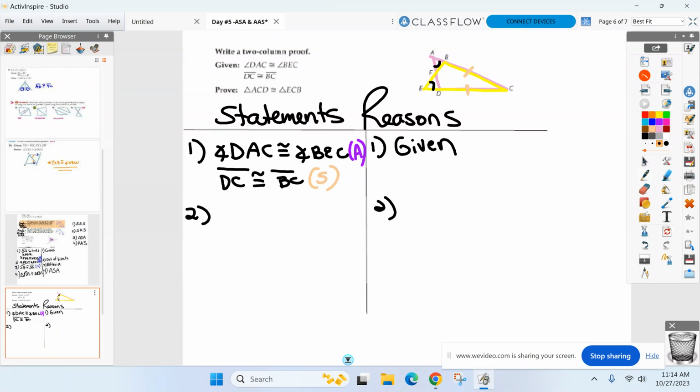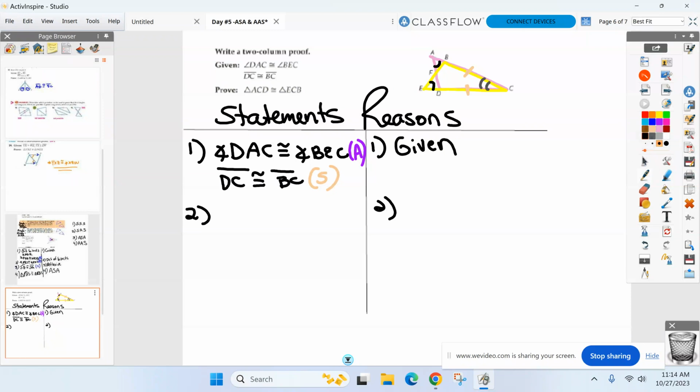Some of you might be on the fence because you don't know if you can do this for an angle, but you can. Angle C. Does everyone see angle C? See how it's in both triangles? We've only used reflexive for sides, for triangles that share a side. We can do it for an angle too, as long as it's a full angle in both triangles. So does everybody see angle C is contained in both the triangles I'm trying to prove congruent?